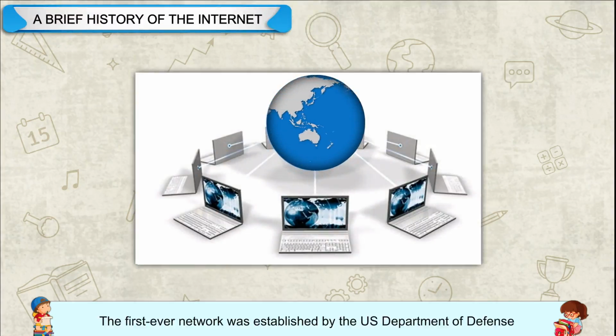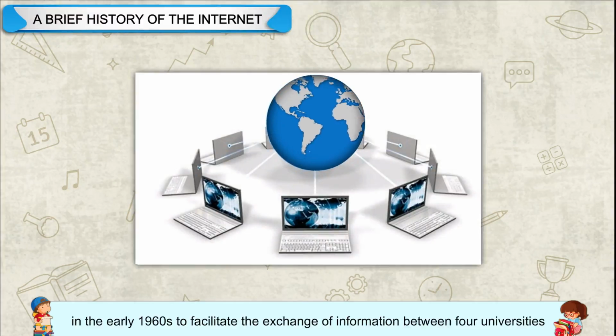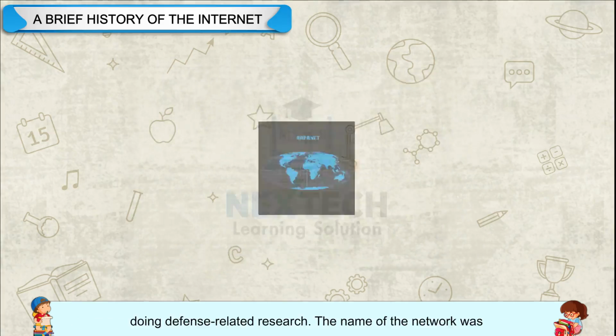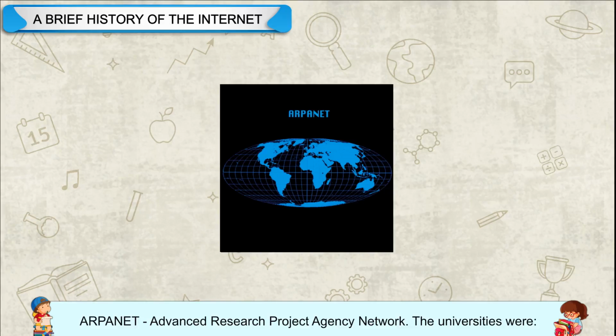A brief history of the Internet. The first ever network was established by the US Department of Defense in the early 1960s to facilitate the exchange of information between 4 universities doing defense-related research. The name of the network was ARPANET, Advanced Research Project Agency Network.